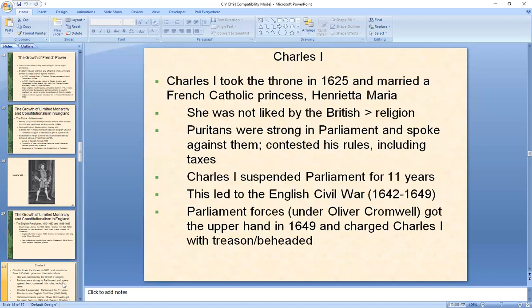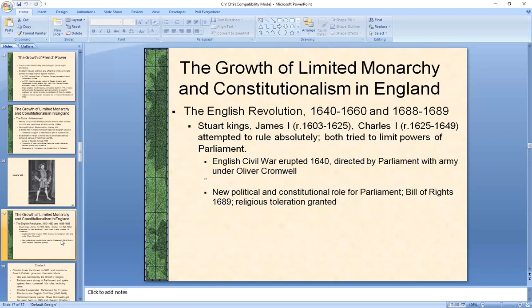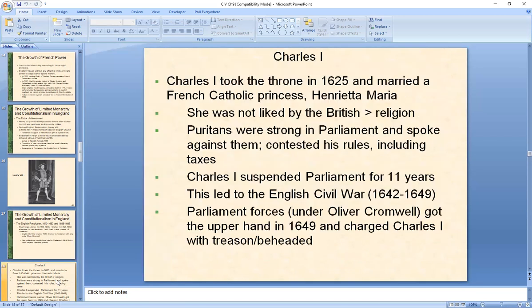So let's talk about Charles I just a little bit. We're skipping James, okay? Charles I took the throne in 1625, and he married a French Catholic princess named Henrietta Maria.